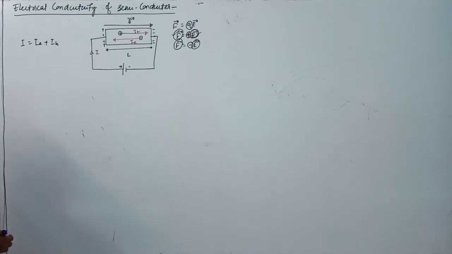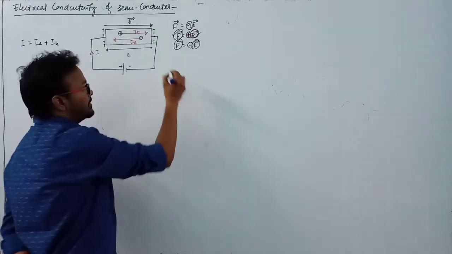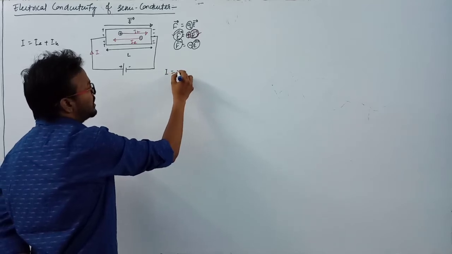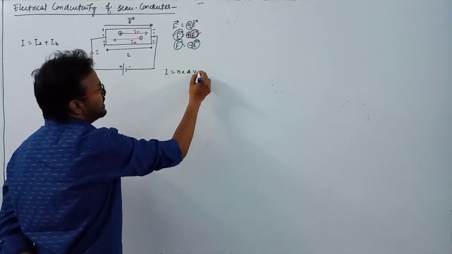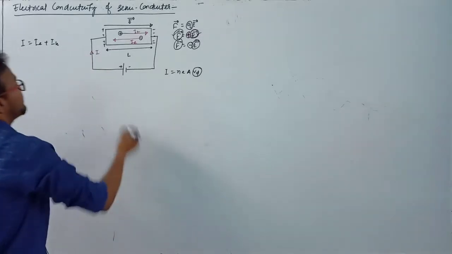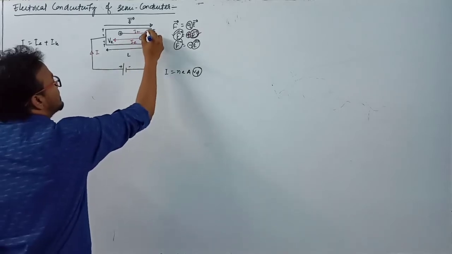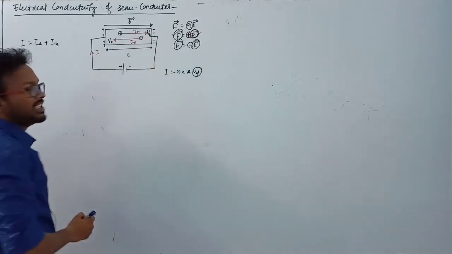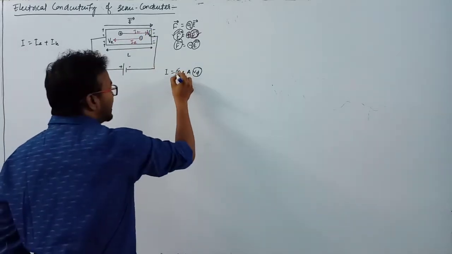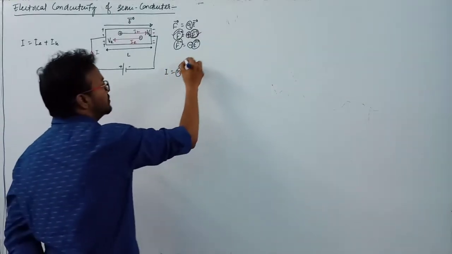But we already know the relation between current and drift velocity, that is I equal to nEAvd. What is vd? vd means drift velocity. Suppose I take the drift velocity of electron as Ve and the drift velocity of hole as Vh. And what is n? n means number of electrons per unit volume.